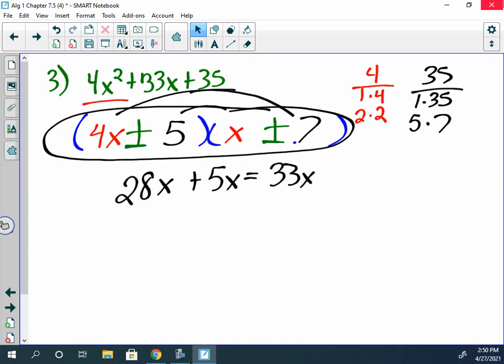So this here is our answer. Sometimes it does take plugging a few more in. But this here is our answer. Any questions on any of these here? So a lot of plug and check, plug and check, plug and check, yes?